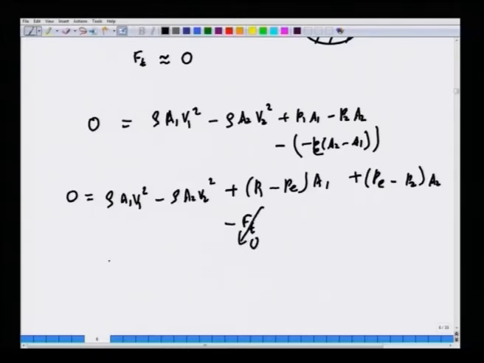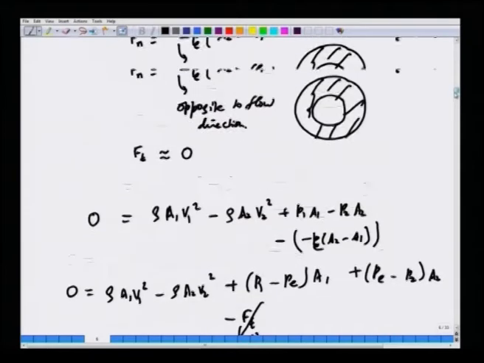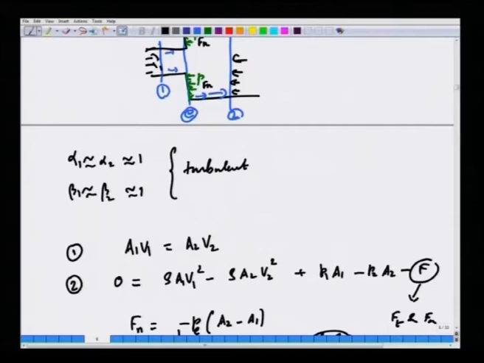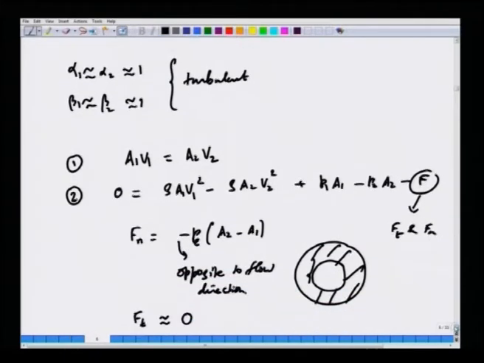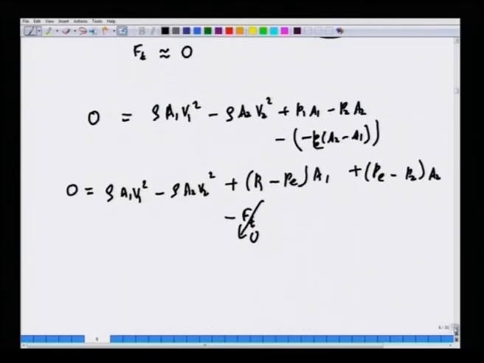Now we have to know the difference between PE and P1, because PE is the pressure at the expansion, whereas P1 is the pressure upstream of the expansion where the fluid is flowing with some uniform velocity. The pressure between point 1 and point E differs because fluid is flowing in this short segment, but by choosing station 1 sufficiently close to the expansion, we can assume that P1 will be very close to PE, because the only thing we are neglecting is the viscous losses due to the flow in that short segment.